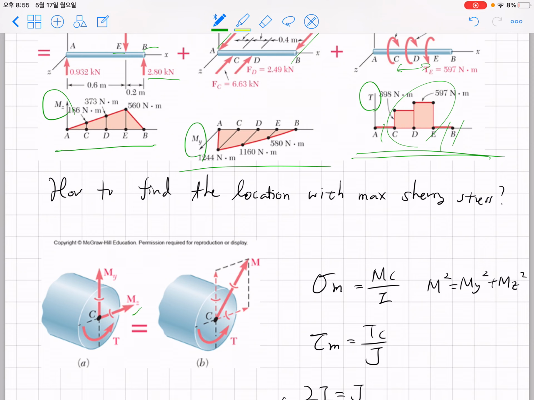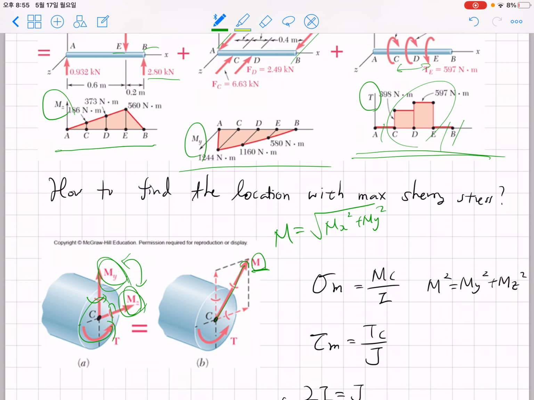So we have MG and MY components. MG is this component and MY is this component, and we have torsion T. If you combine MG and MY, because they are torques and they are vectors, you can combine them as a large M vector. The size of the large M vector, because this is a vector sum, is given as this.